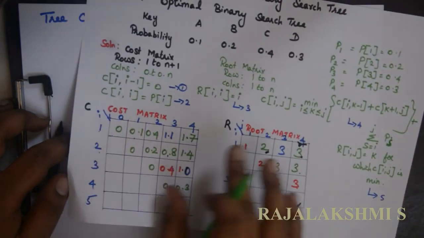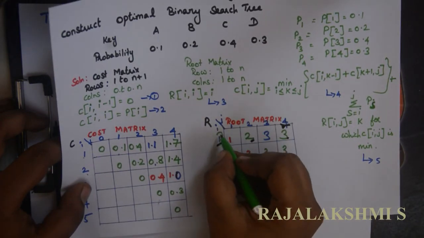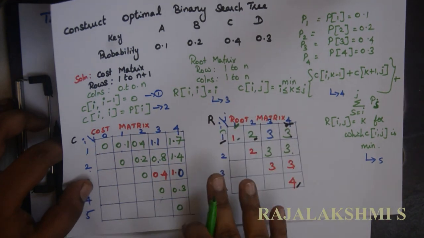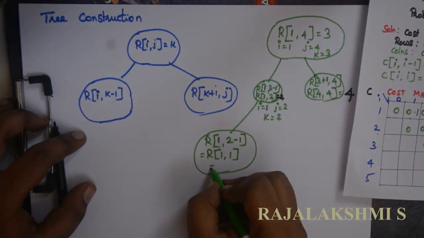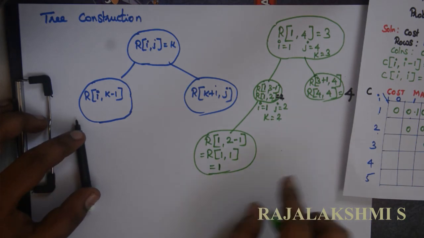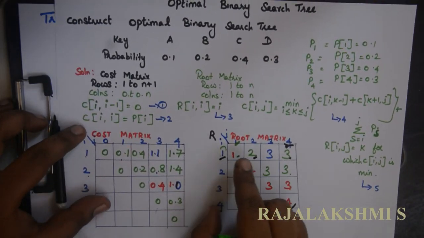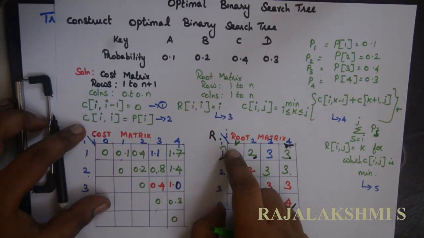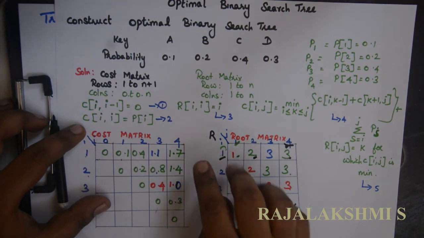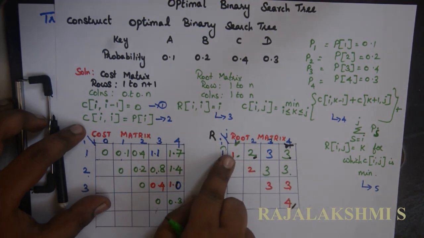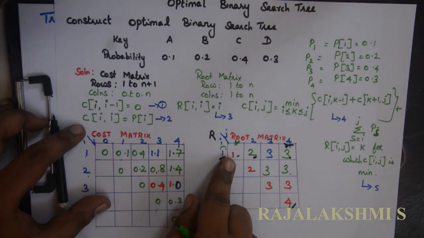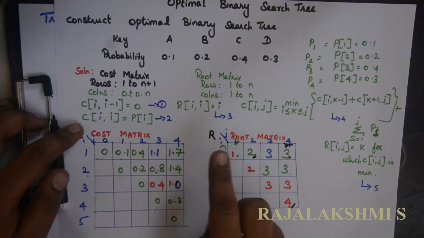What is r of 1 comma 1? The value is 1. Now when we reach the top leftmost corner, there is no need to expand it further because there are no more cells to expand.